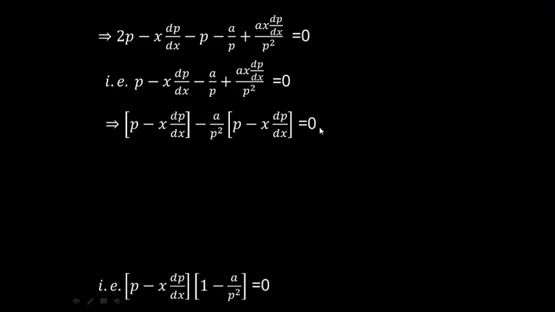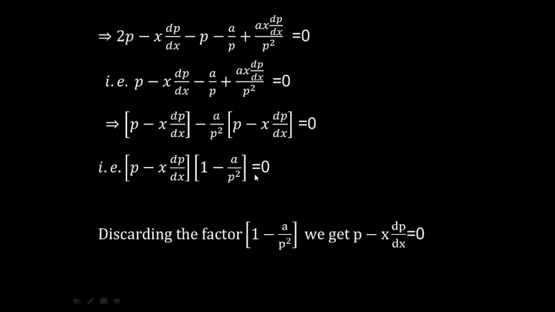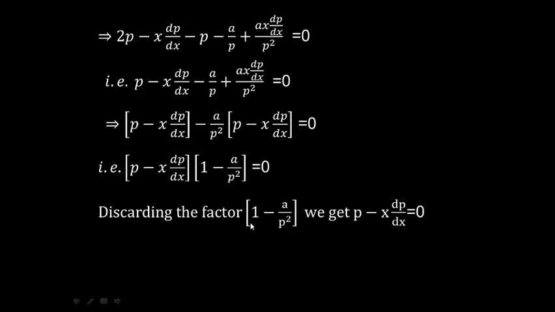Now the factors of this expression are p minus x dp by dx into 1 minus a by p square equal to 0. Out of these we will discard the factor 1 minus a by p square. We will solve only that expression where we have the derivative of p with respect to x. So we will consider p minus x dp by dx is equal to 0.